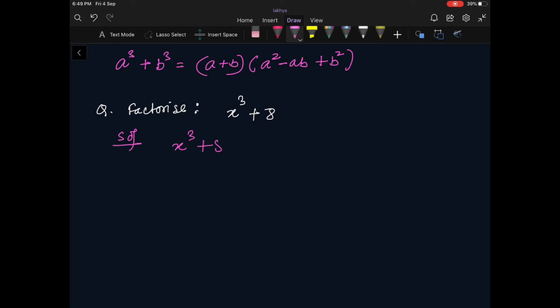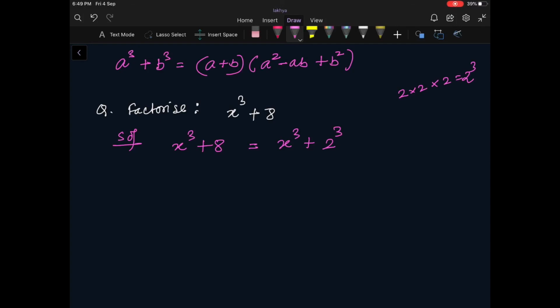In order to factorize this, we have to write x cube plus 8, where 8 can be written as 2 cube. Yes, because 2 into 2 is 4, 4 into 2 is 8, which is 2 cube.